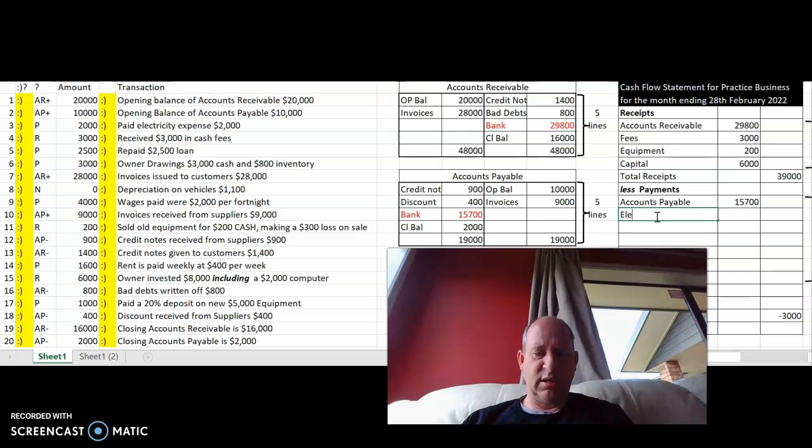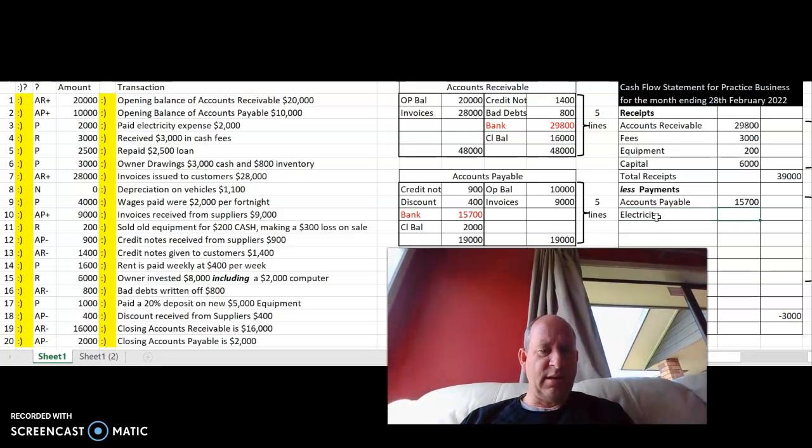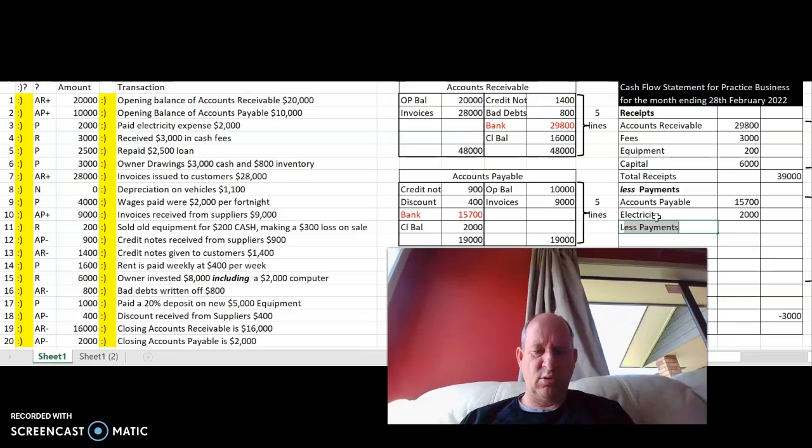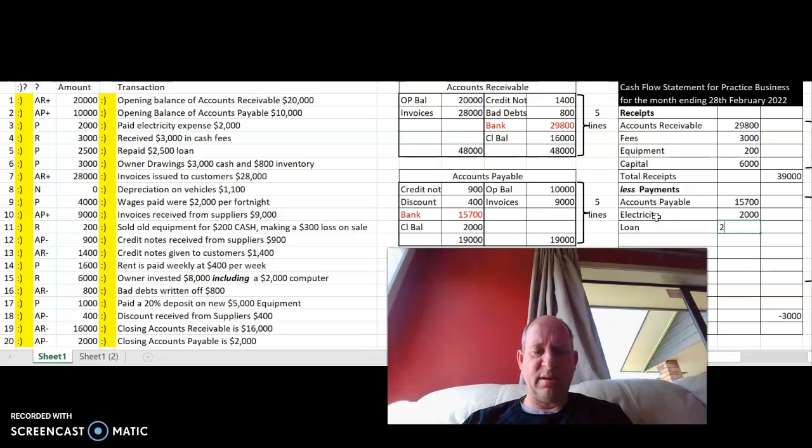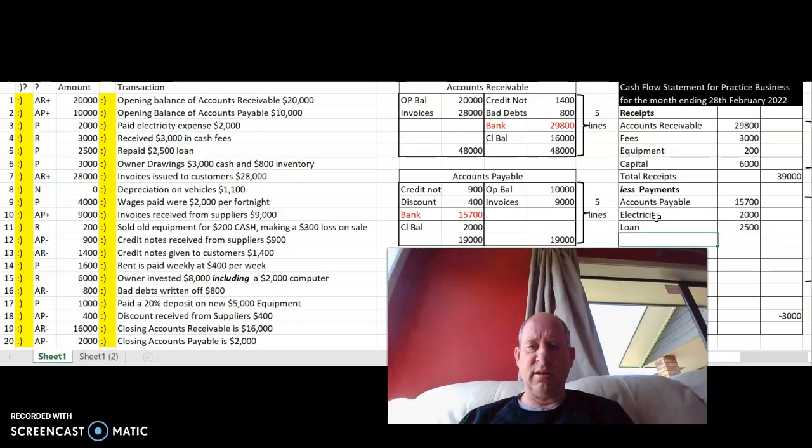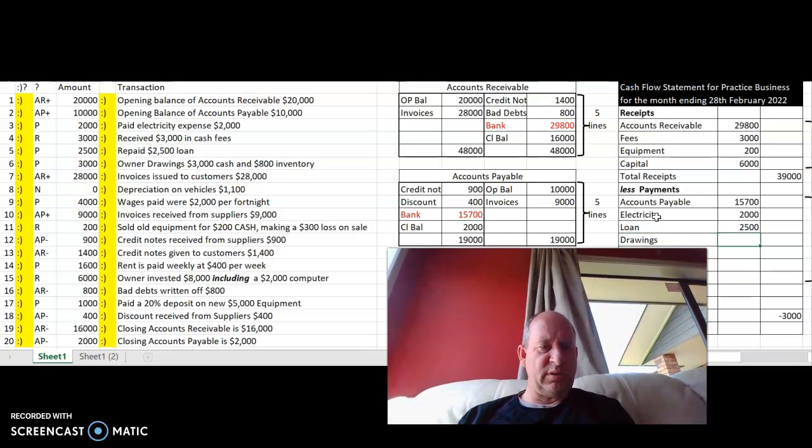So we've got electricity. Again, note that what we're doing is we're writing in what it would appear in the trial balance. Next P, loan. Again, it's not a repayment, it's just loan, as it would appear in the trial balance. And we don't write cash drawings, we just write drawings. Because it's a payment, it has to be cash.